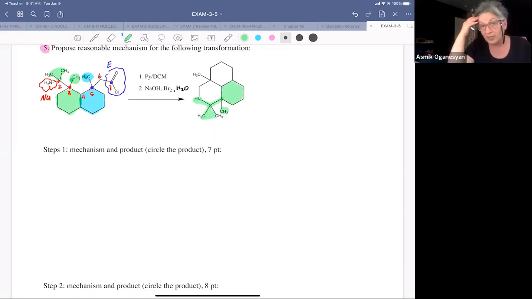Here we are. And so then I need to find the blue ring. And on my blue ring, I had a methyl group as well. And so when I look at my compound, I can easily recognize that my blue ring will be this one.